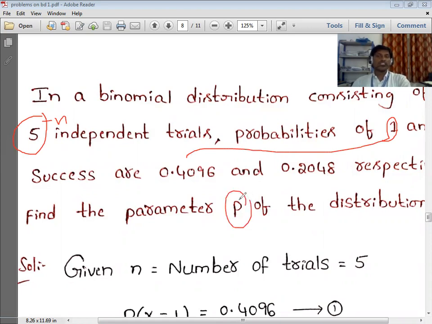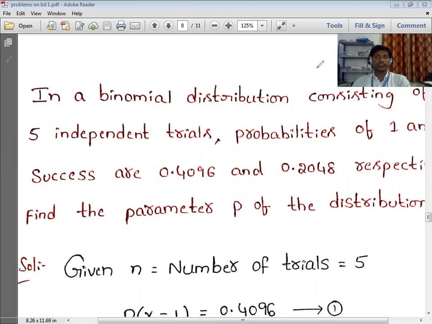Okay, so nothing new in that. We are using only the binomial distribution formula, but they are asking in a different way. Here we have to calculate P. Till now n was given, P was given, and we were just calculating the probability. Here they are simply asking for the parameter.